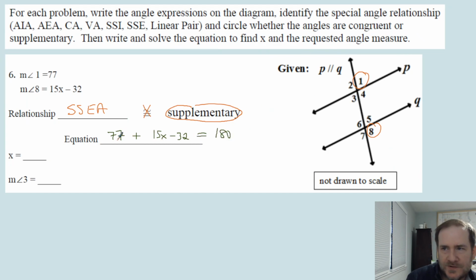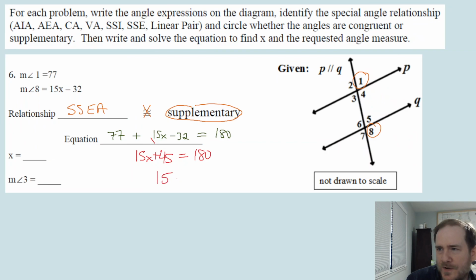So to combine like terms, 77 minus 32 would leave us with 45. And of course the 15x you'll just bring down. And all that should equal 180.